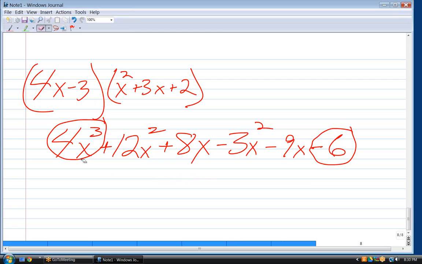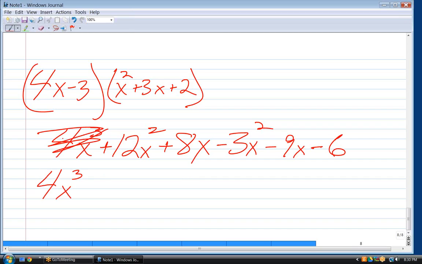In other words, it saves you time looking for all of the x cubed terms. Because sometimes you can have a lot of terms. If I've got a trinomial times a trinomial, I got 9 terms. But that one will always be the only one that has the highest degree, and that one will always be the only one with just a number. So I can start out immediately that way.